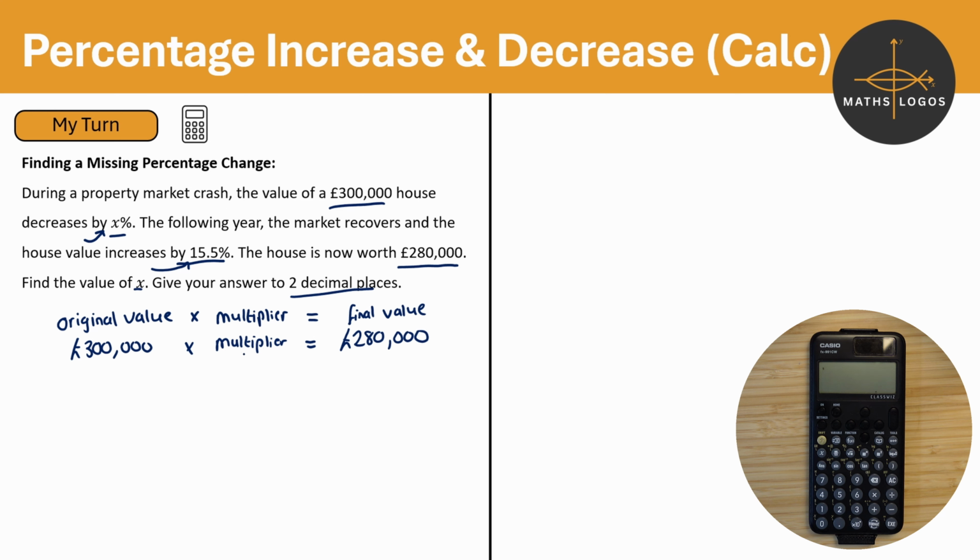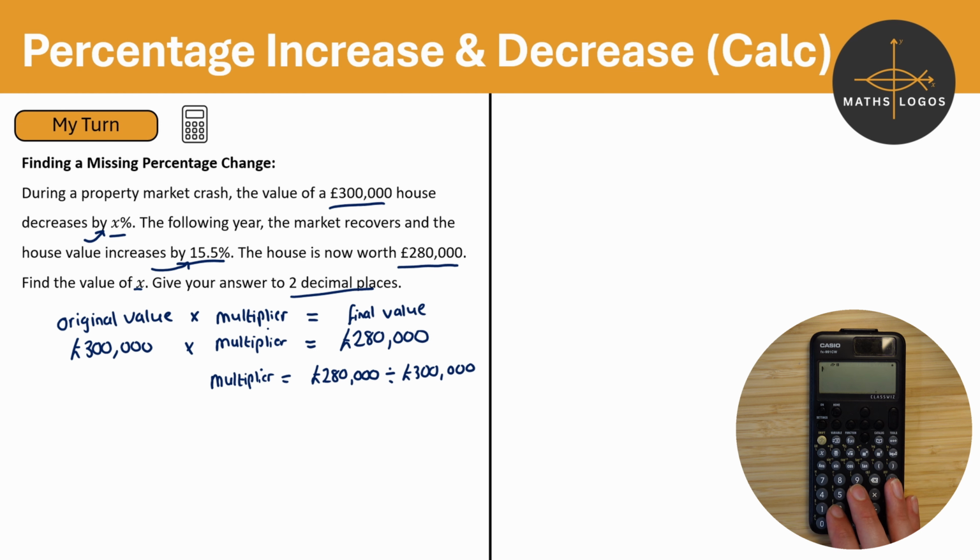Now what we can do is work out the multiplier. This is going to be the overall multiplier, in other words, the combination of the X% decrease and the 15.5% increase. So we'll say the multiplier is equal to 280,000 divided by 300,000. So that gives us a value.